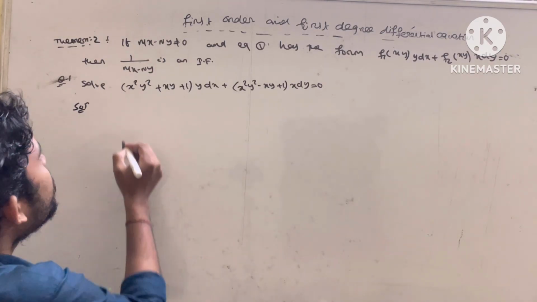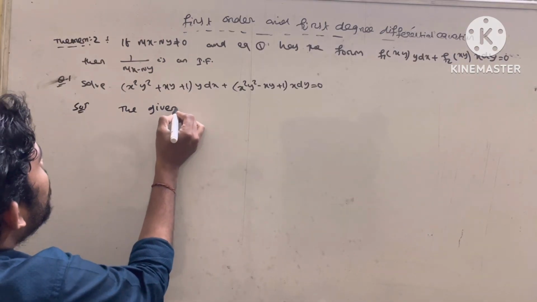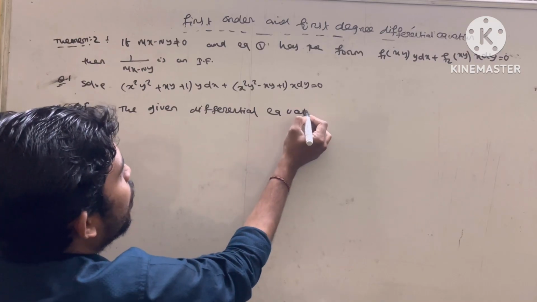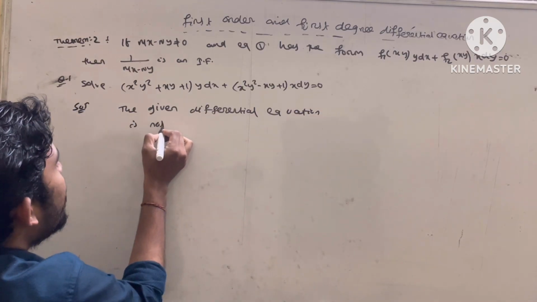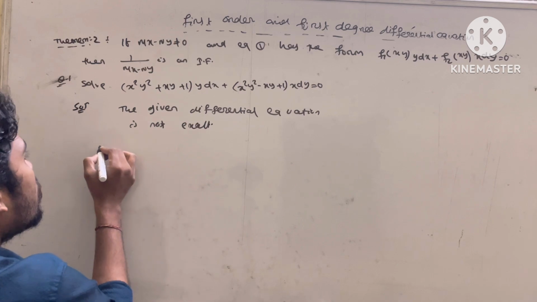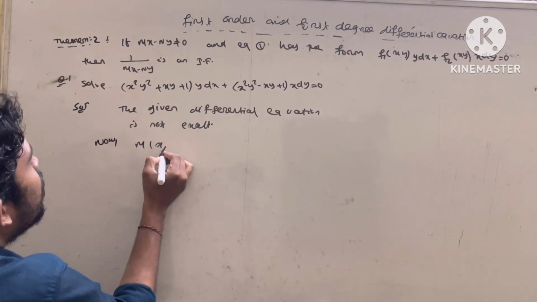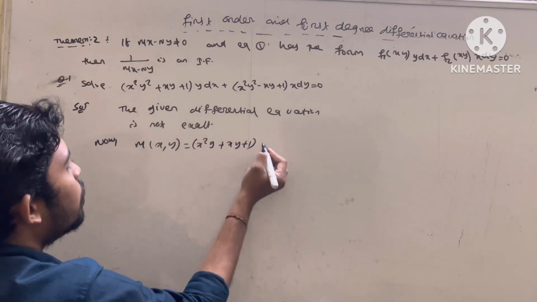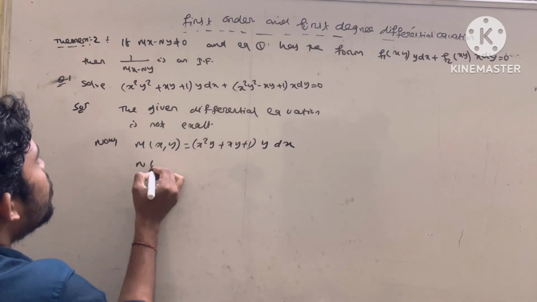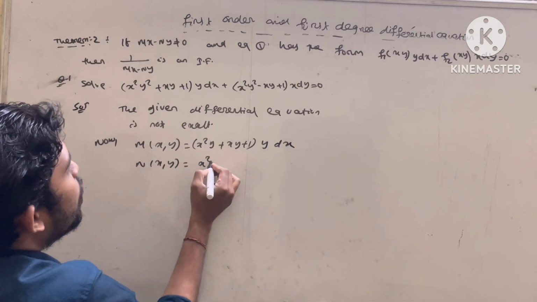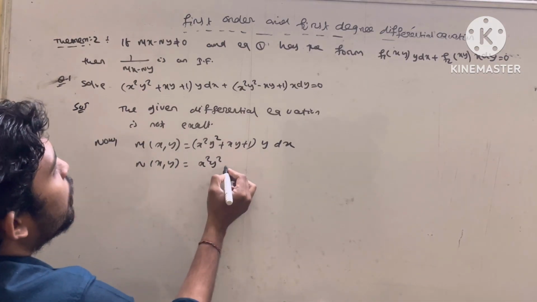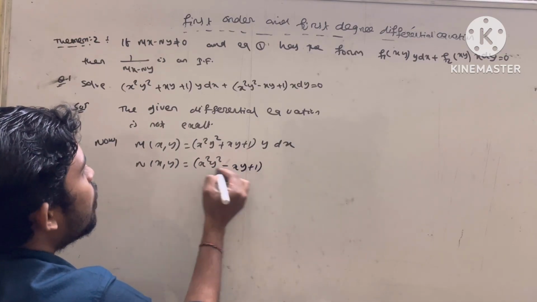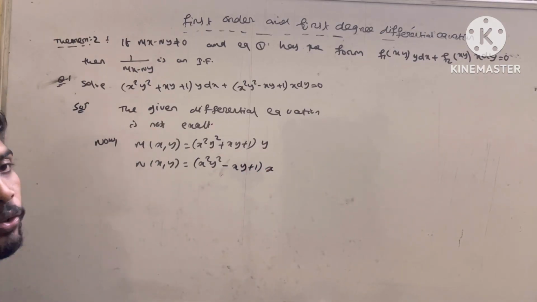So now M of xy is (x square y square plus xy plus 1) into y, and N of xy is (x square y square minus xy plus 1) into x. This is N of xy, and this is M of xy.